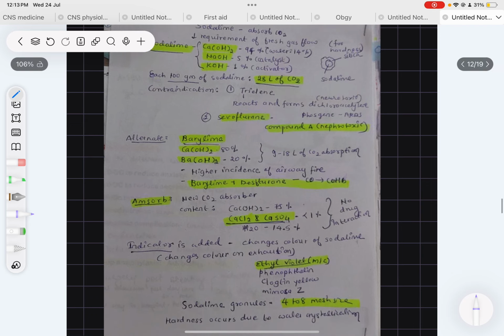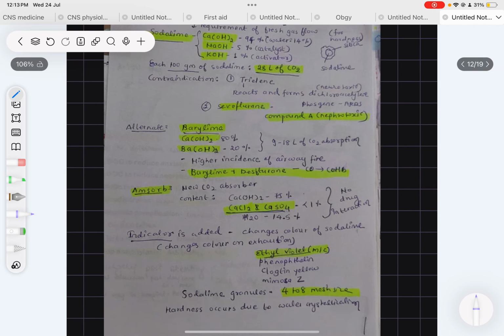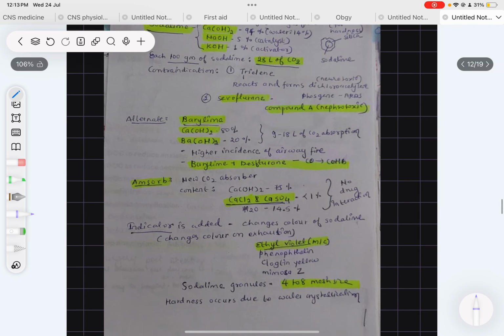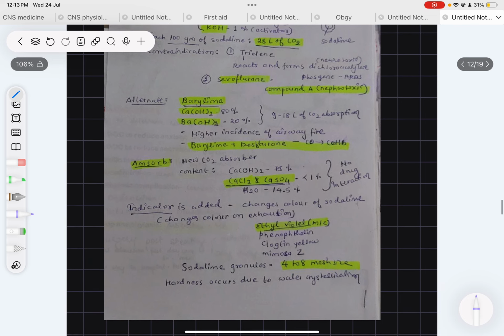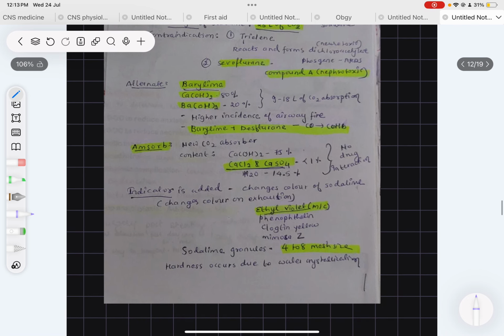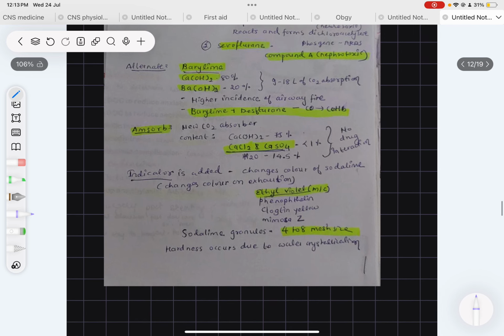Now contraindication. Trilene is not used, as the reaction forms dichloroacetylene and phosgene, which are neurotoxic, and with sevoflurane, compound A will be nephrotoxic.